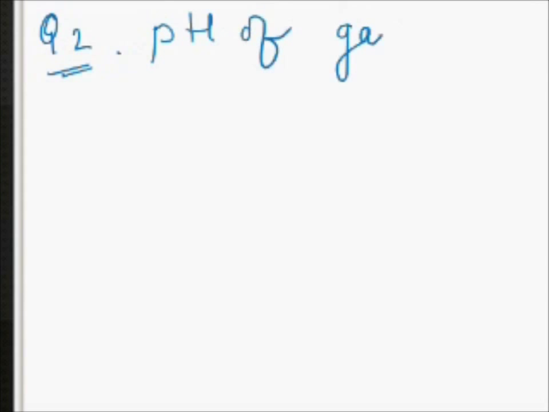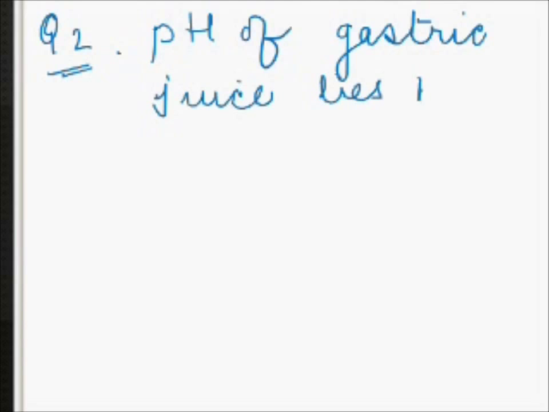Now next question, question number 2. It says, pH of gastric juice lies between 1 and 0.